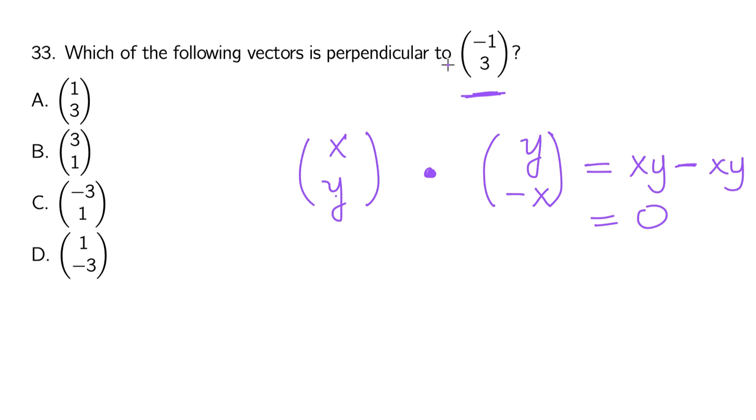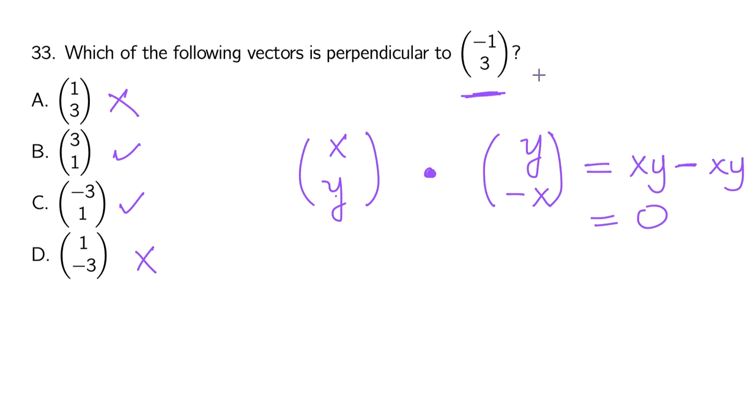That first we want to be flipping 3 and minus 1 somehow. So this is out, this is out, and we are dealing with this and this. Now remember that we are not just flipping, but we are also flipping and negating. So B looks attractive.